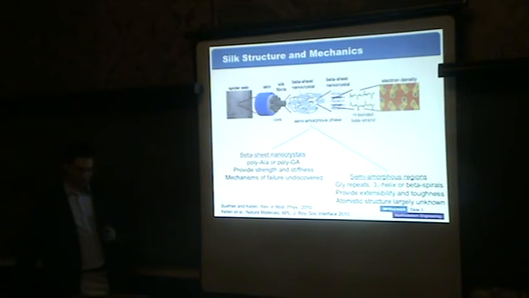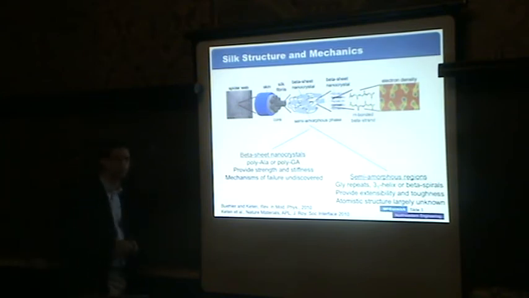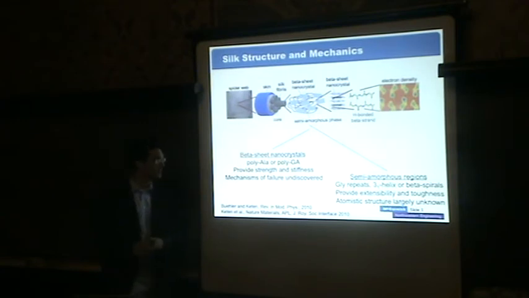Going back to what we discussed, we have two phases. Actually, it's more complicated, but let's simplify it as two phases. One is these nanocrystals, the other is the amorphous regions. In the amorphous regions, we have basically glycine repeats, which are thought to be 3-1 helices or beta spirals, so spiral type shapes, or some kind of helix shape that's similar to alpha helices.